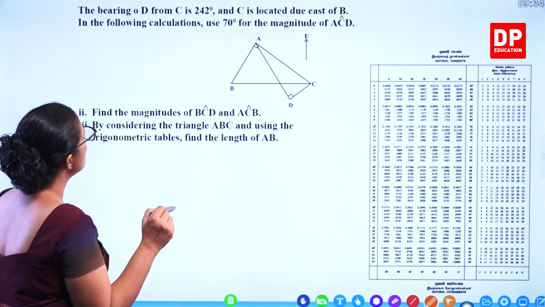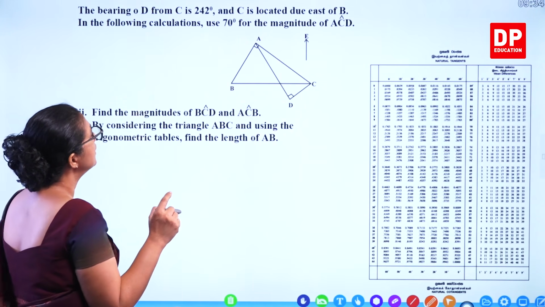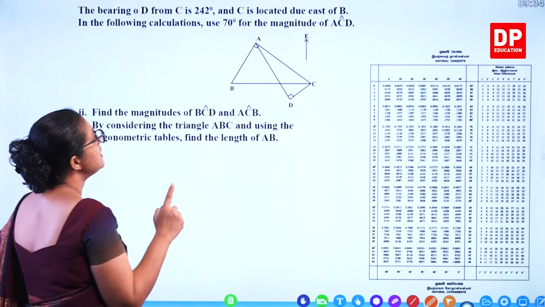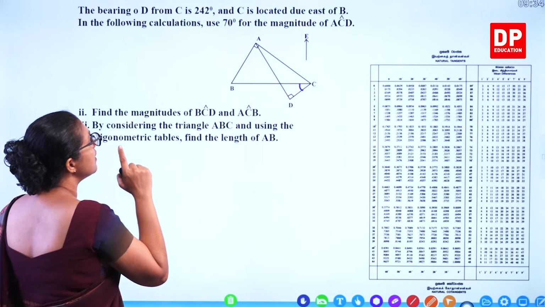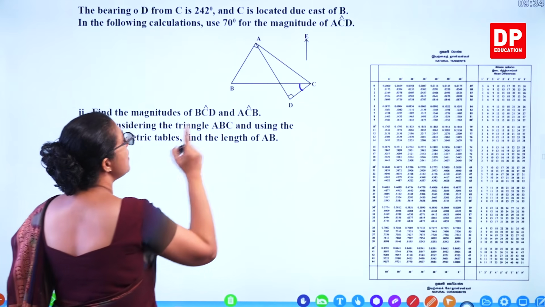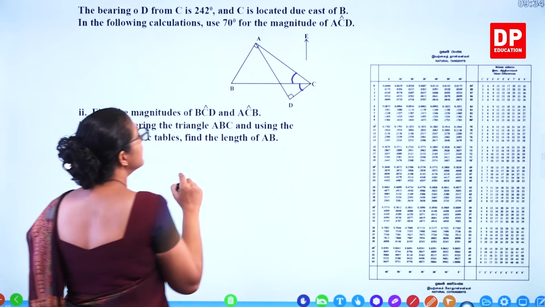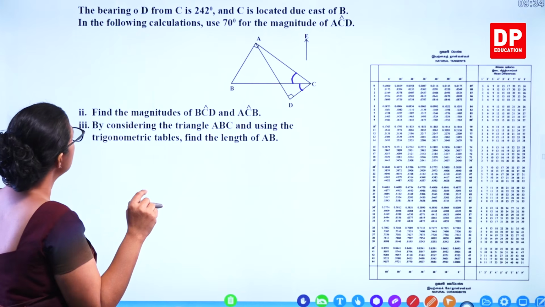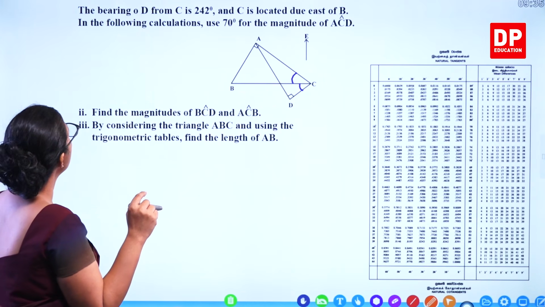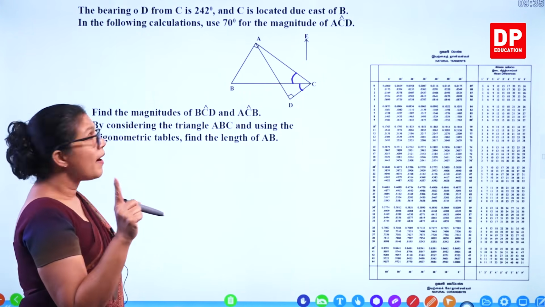Find the magnitudes of BCD, this angle, and ACB, this angle. And using the trigonometric tables, find the length of AB. But there's a small part given.